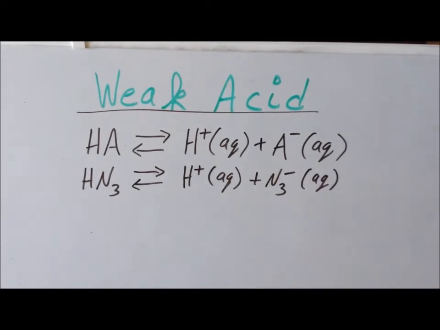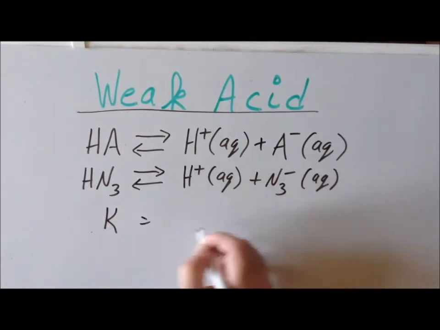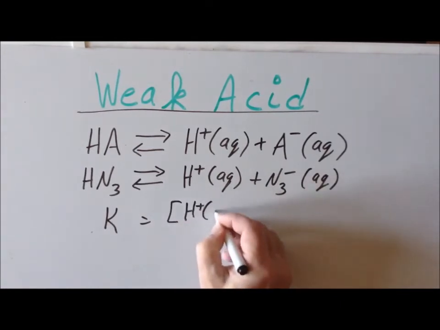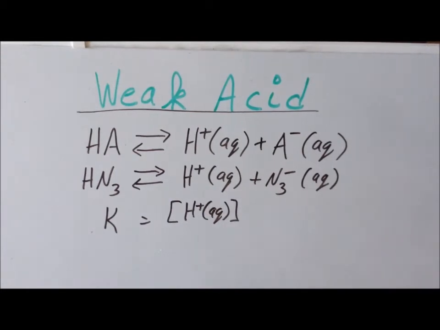As we recall, for any chemical reaction, we can write an equilibrium constant. And in this case, the equilibrium constant is going to be the concentration of H+ times the concentration of azide ion.